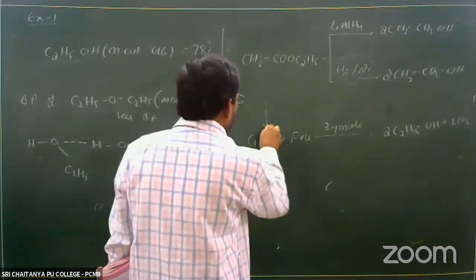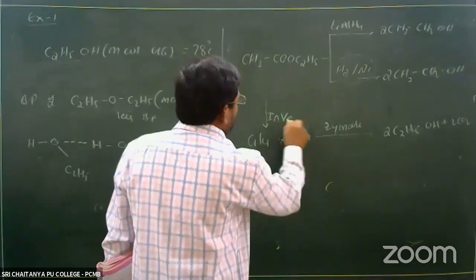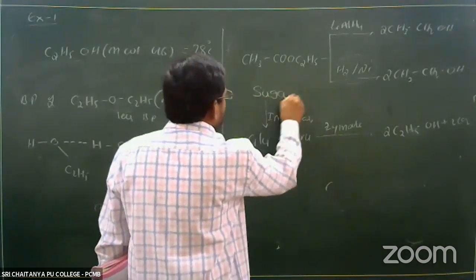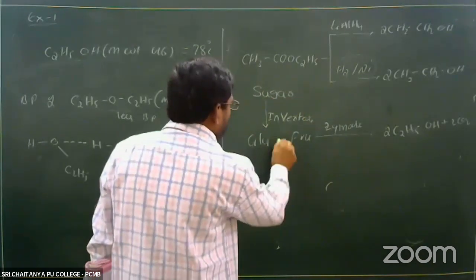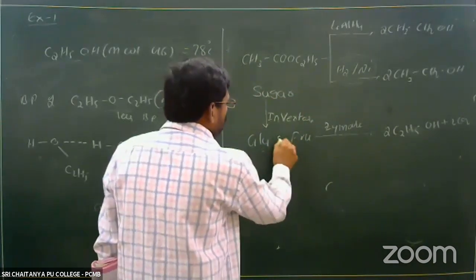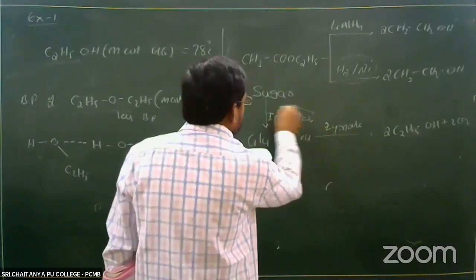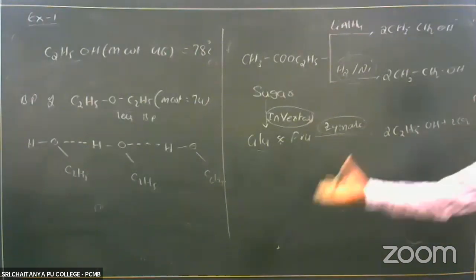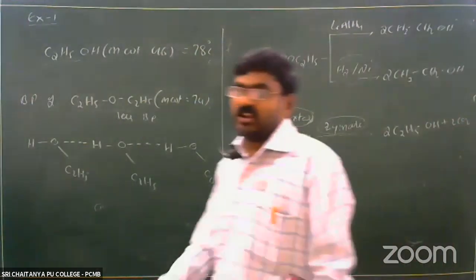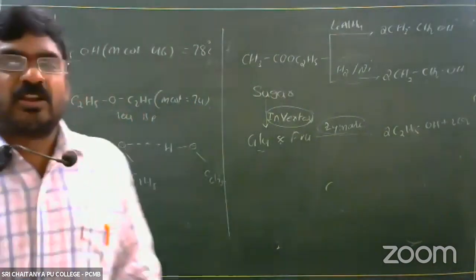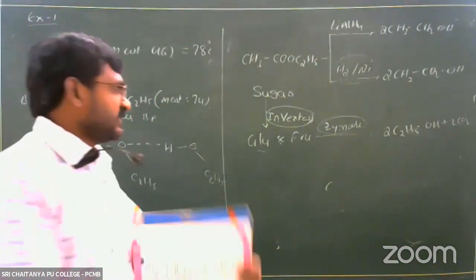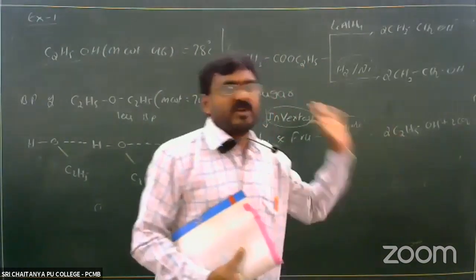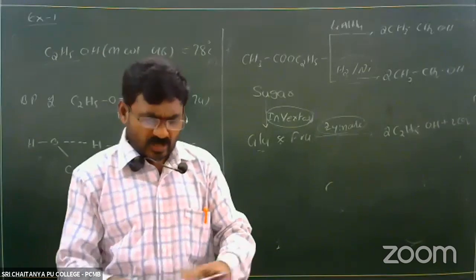Then glucose and fructose, by the action of zymase enzyme, are converted to ethyl alcohol. This process is called fermentation. What is fermentation? Complex organic compounds are decomposed to simple organic compounds by the action of enzymes. It is called a fermentation reaction. Okay, answer the remaining bits.